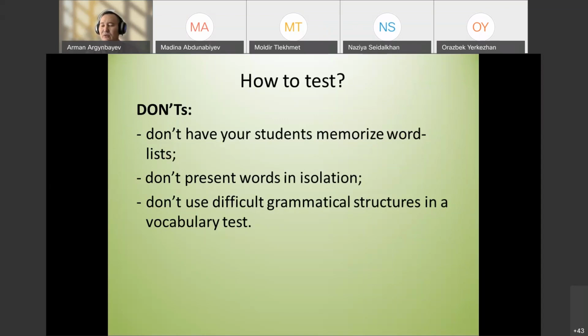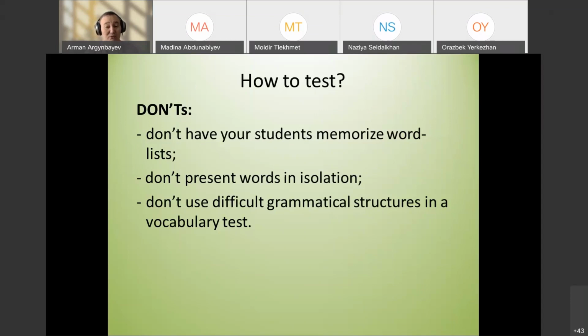And don't use difficult grammatical structures in a vocabulary test, because difficult grammar can hinder students from answering correctly. Students might know the answer, but be prevented from giving the correct answer by a difficult grammatical structure.